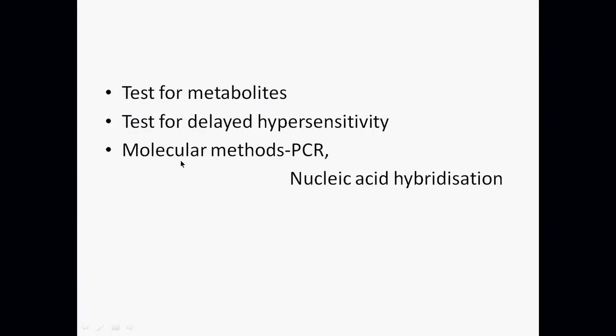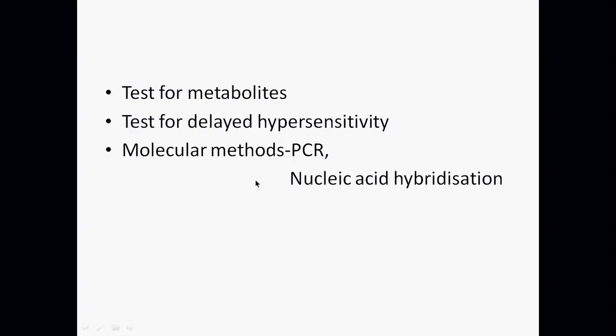Then for doing very specific identification and confirmed diagnosis of fungi, you can also use rapid techniques, as culture takes longer duration for identification. Microscopy can give you some rapid idea regarding the presence or absence of fungi. If you want to have a confirmed diagnosis, you can go for molecular methods like PCR and nucleic acid hybridization.